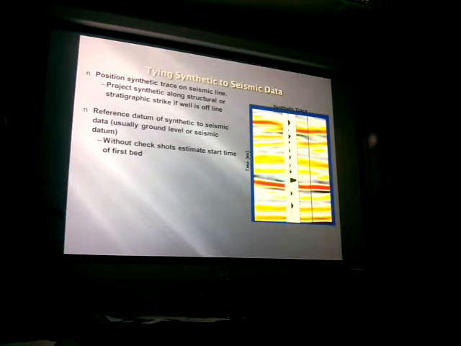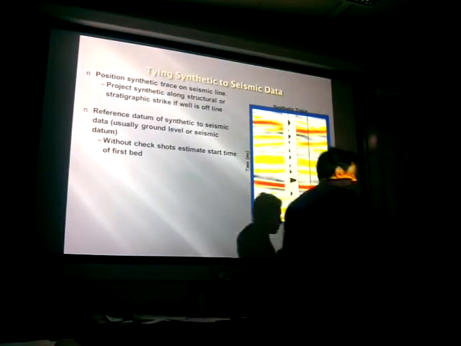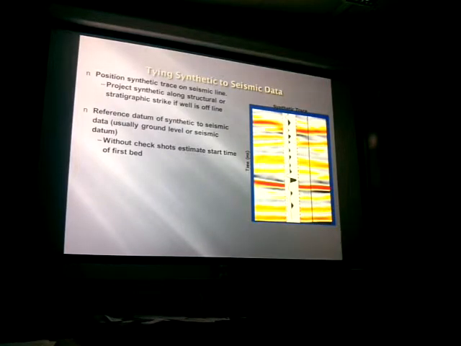Now, one thing that you should never do, if you do that you're going to get in trouble, is to distort the synthetics. Don't do it. Forget it. Cancel it from your mind.